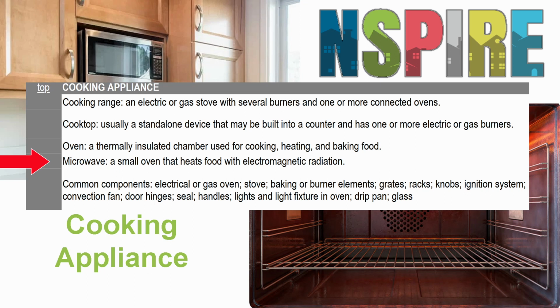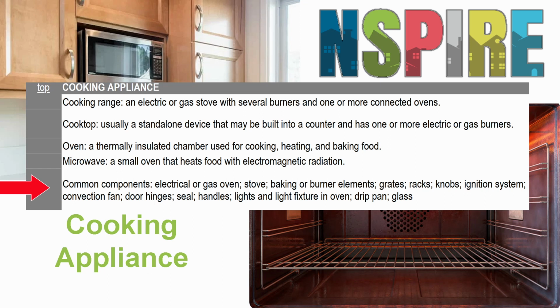Microwave, a small oven that heats food with electromagnetic radiation. Common components include electrical or gas oven, a stove, baking or burning elements, grates, racks, knobs, an ignition system, convection fan, door hinges, seal, handles, lights and light fixture in the oven, drip pan, and glass.